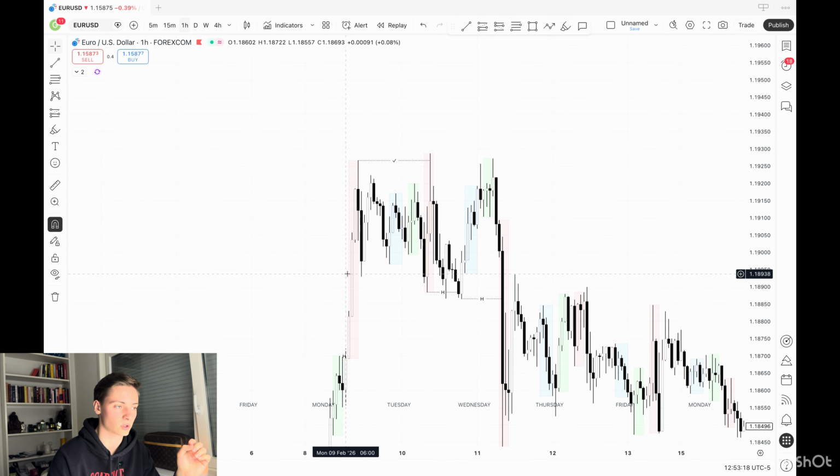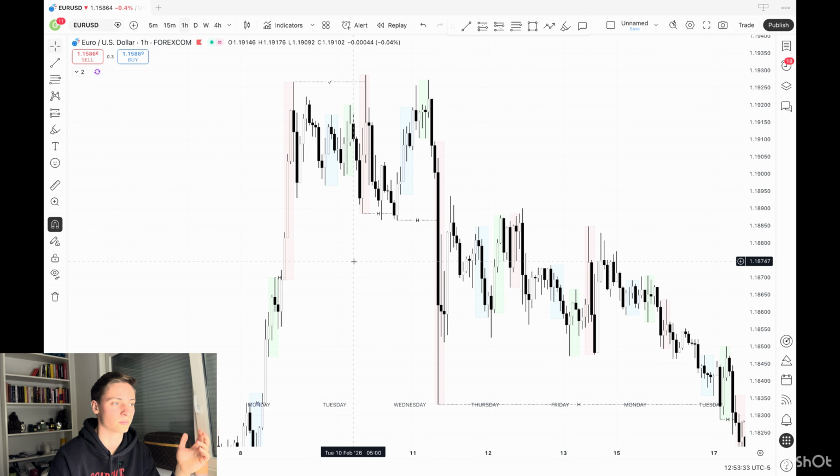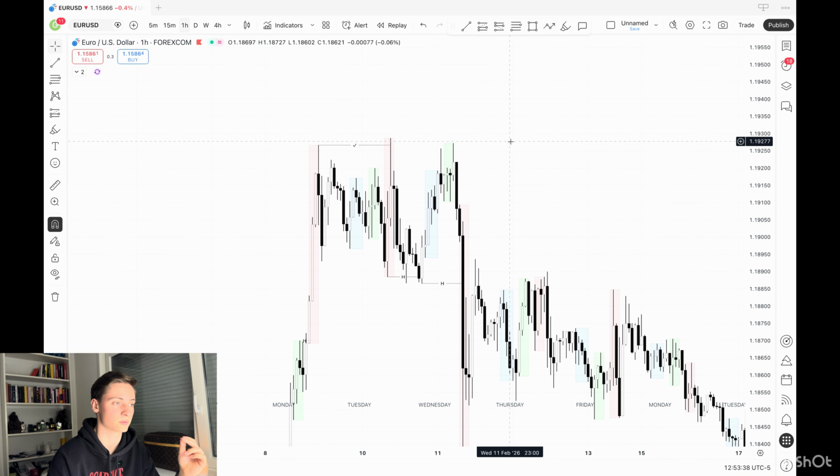Then the London session goes lower. Then the New York session just liquidates this high, and you can see that it is intentional, because after they liquidate, immediately price goes lower and lower because there were a lot of sell orders, basically.